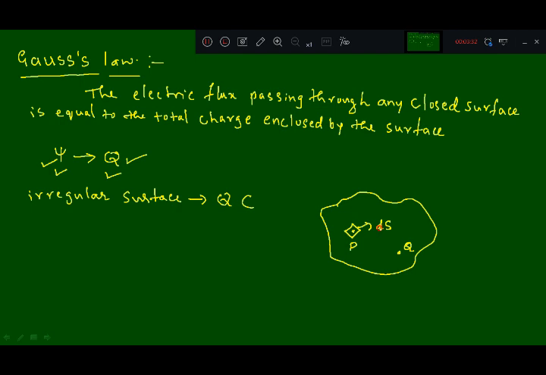Then the magnitude and direction of the flux coming out of this point we define with the vector D. Then one more, the normal to the surface ds at point P, which I will define like this.